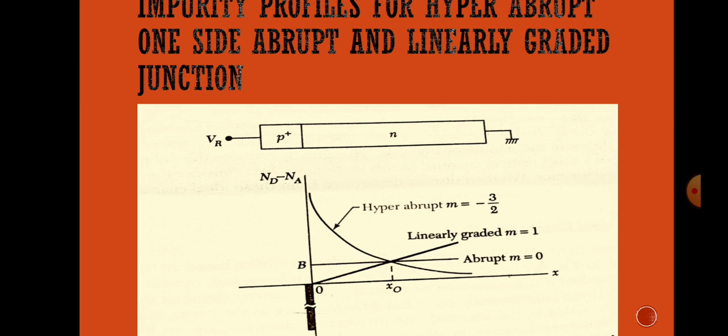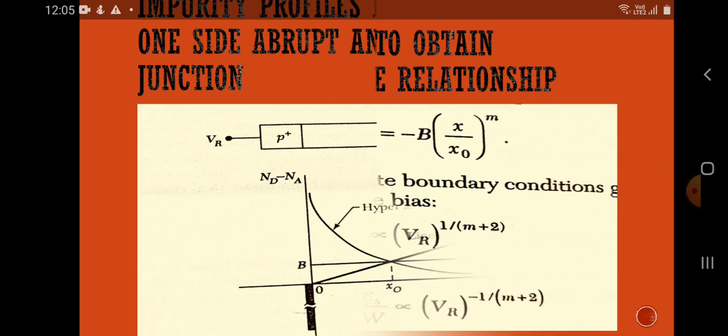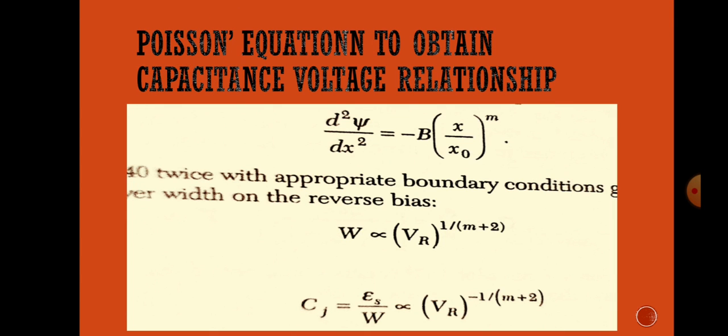To obtain the capacitance voltage relationship, we use the Poisson equation, which is given by d square psi by dx square equal to minus B times (x by x0) to the power of m. If we integrate this equation twice with appropriate boundary conditions, this gives the dependence of the depletion layer width on the reverse bias. So the depletion layer width W is proportional to Vr to the power of 1 by (m plus 2).